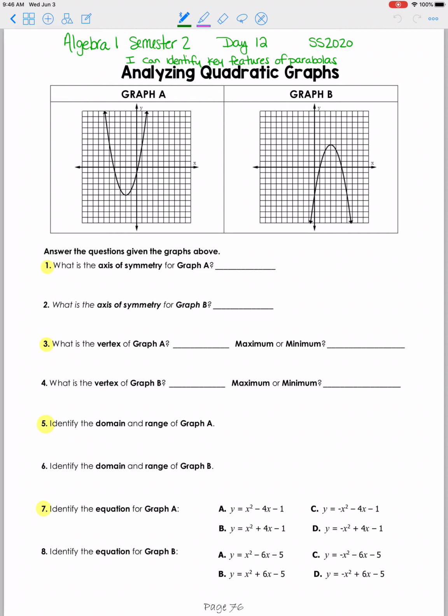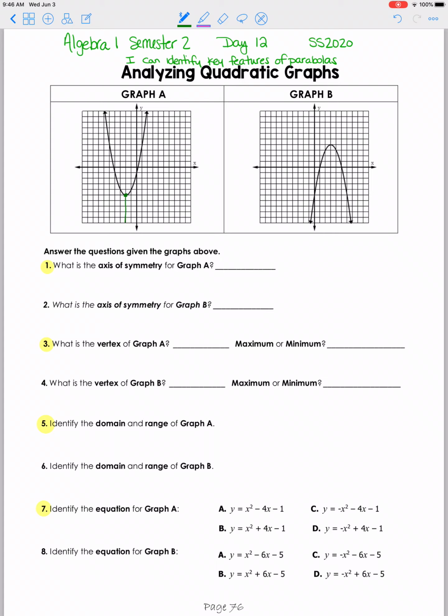Okay, so let's work through graph A together, and then I will have you do graph B. To find the axis of symmetry for graph A, remember the axis of symmetry is the line that divides the parabola into two equal sections. That axis of symmetry is going to go through the vertex.